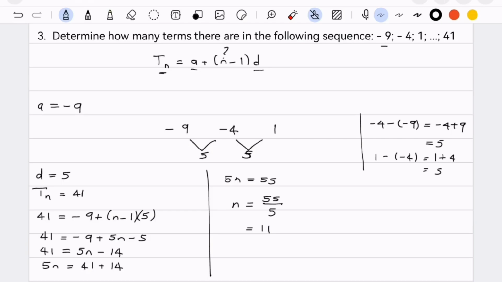So n equals 11, right? So how many terms are there? Therefore, there are 11 terms in the sequence.